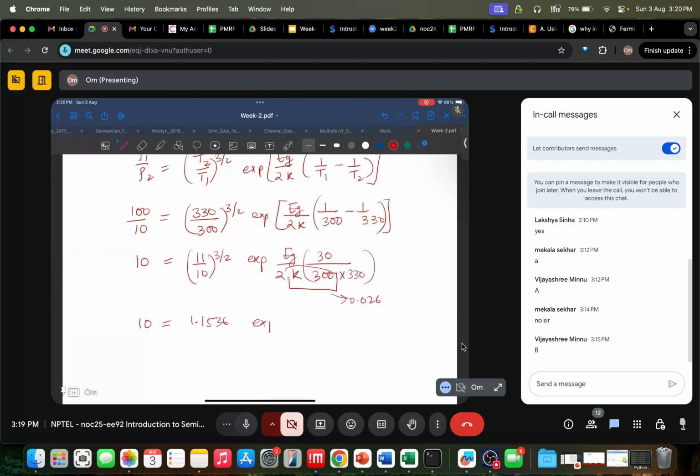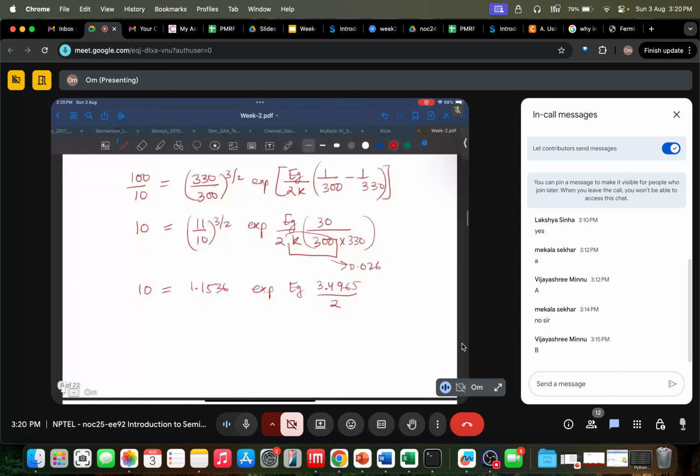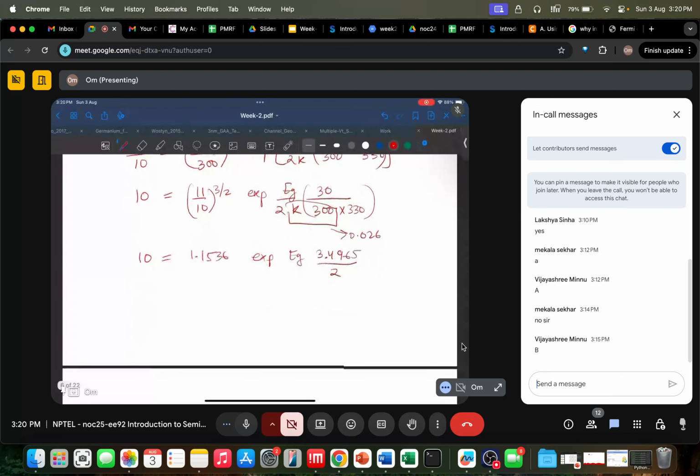1.1536 exponential Eg 8.4965 by 2. Okay, now I substitute to find Eg. So Eg will be ln 10 by 1.1536, 2 by 3.4965.